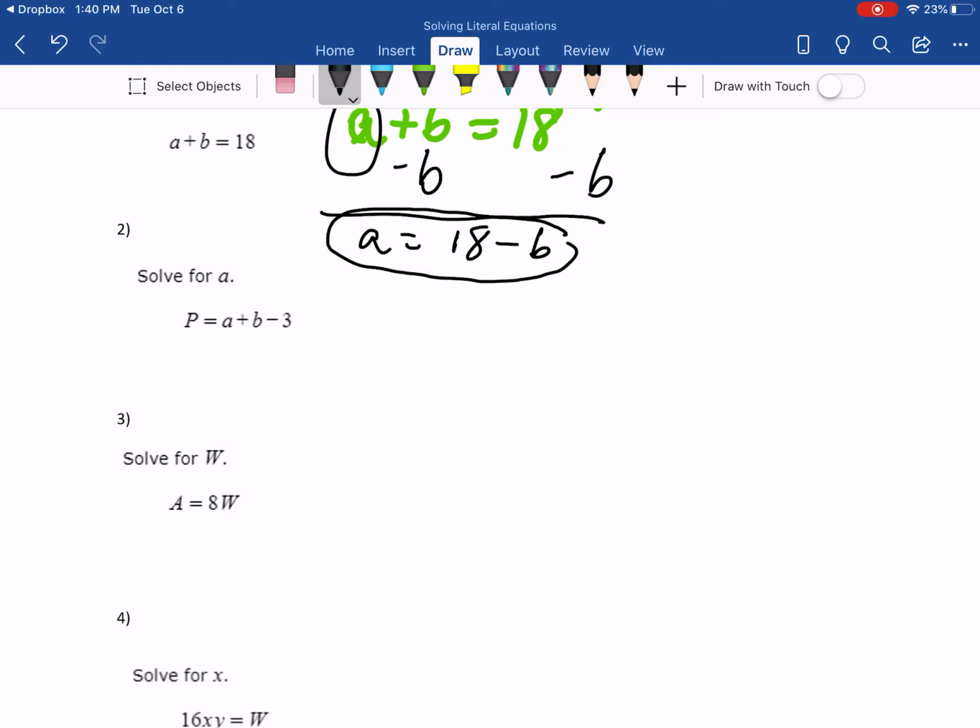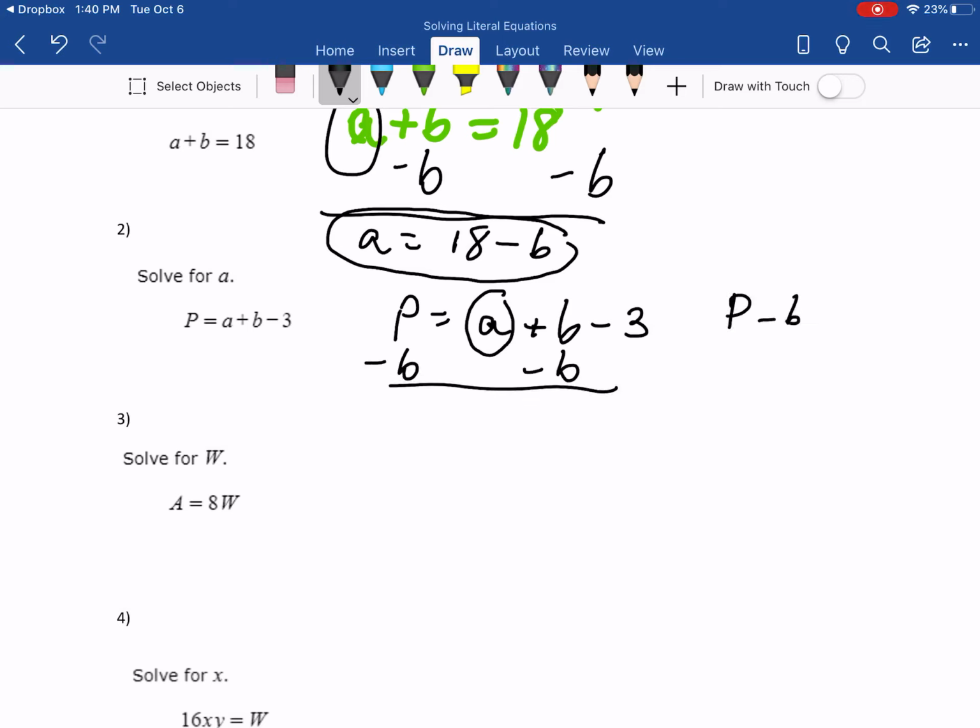Okay, number two, p equals a plus b minus 3. So we're told to solve for a here. We're going to have to move the b and the 3. Doesn't matter which one you do first. I'm going to move the b first with subtraction, of course. So we have p minus b equals a minus 3.